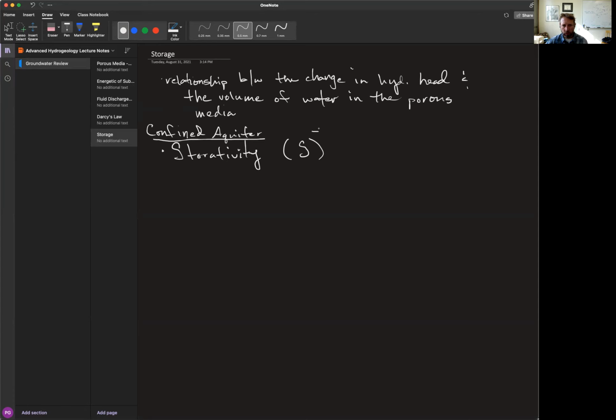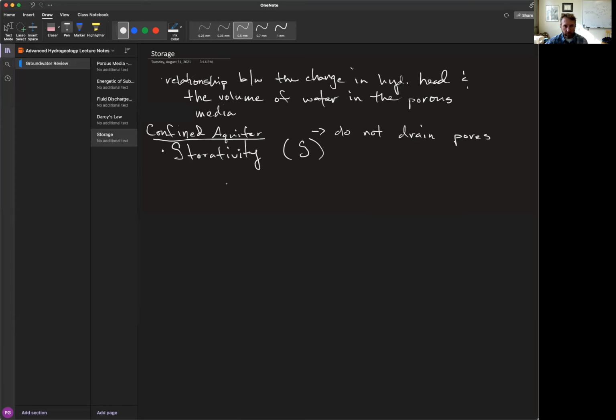So we do not drain pores. They remain fully saturated. And the source, well, we'll talk about the source of storage in this case, but just in your mind, think we're not draining the pores here.